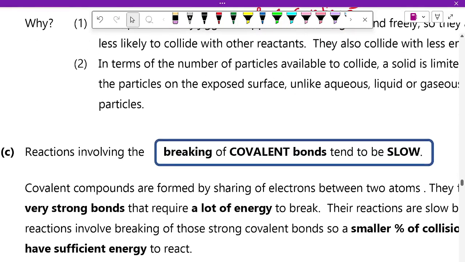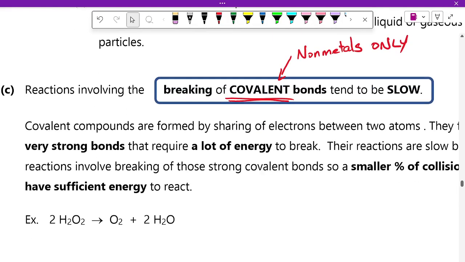Now, anything that involves breaking covalent bonds, how do you know that something is going to have covalent bonds? That's a non-metal, non-metals only. So if we look at H2O2, that is a covalent bond.